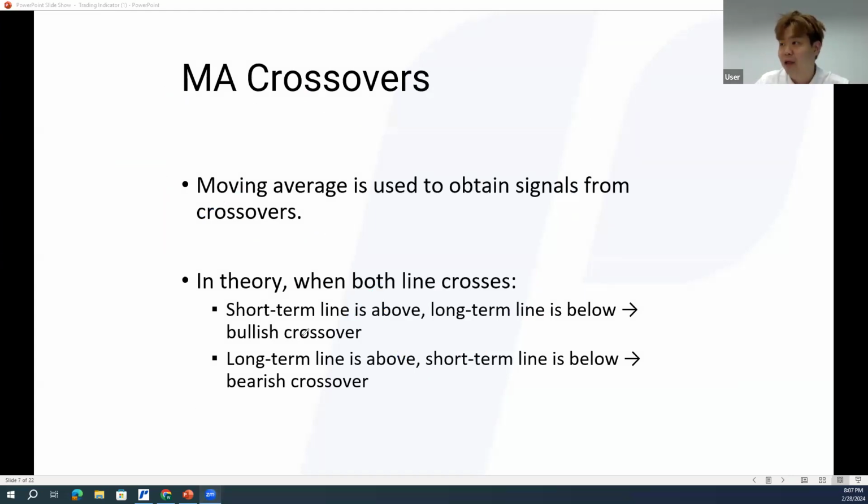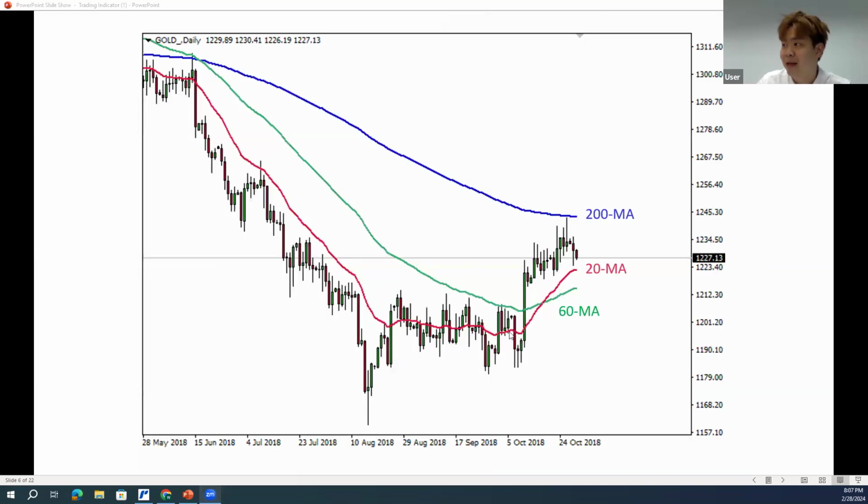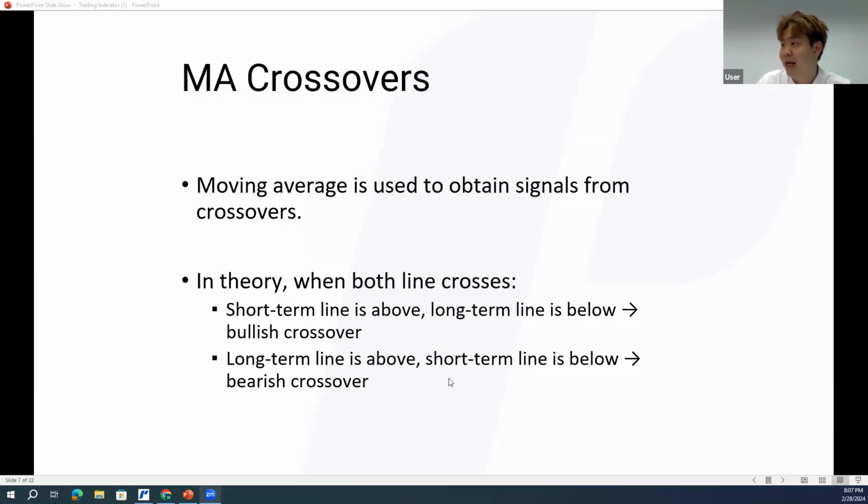When the short-term line is above and the long-term line is below, if there is a cross like that, it means a very good bullish crossover. But if the long-term line, for example the 60 MA, is above, and the short-term line is below, then this is a bearish crossover.